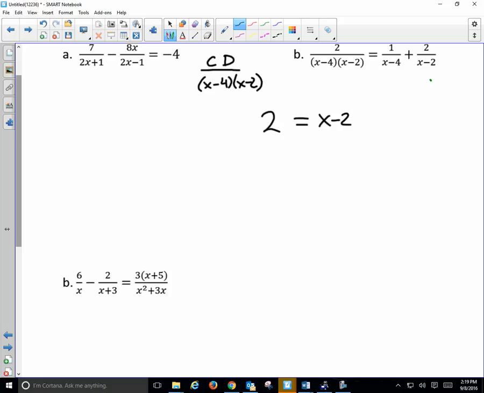X minus 2. What is this missing to have a common denominator? X minus 4. So we will multiply top and bottom by x minus 4. Again, I said top and bottom. We haven't shown the bottoms because the bottoms will just go away. They're all the same now. Okay? And now I solve this equation.